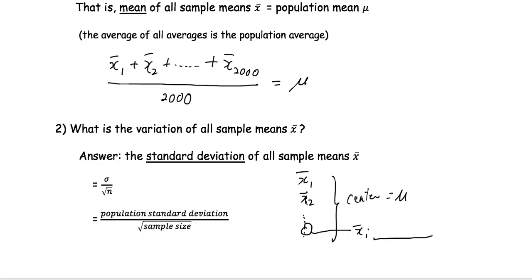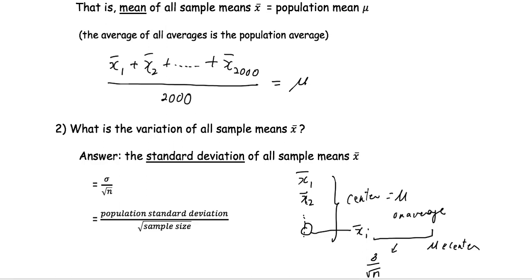Then I ask myself, on average, how far off is this sample mean from the center? Remember, center is mu, right? So the mu is the center. So you have all these numbers. You randomly pick a number, and you ask yourself, how far off this number is from the center? So this distance is given by this formula.